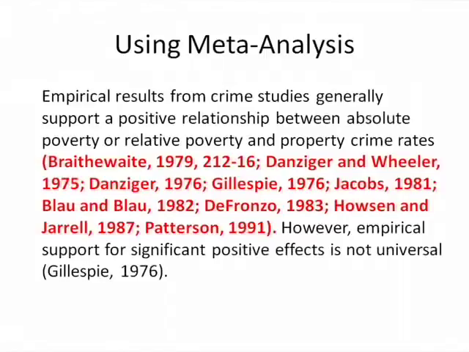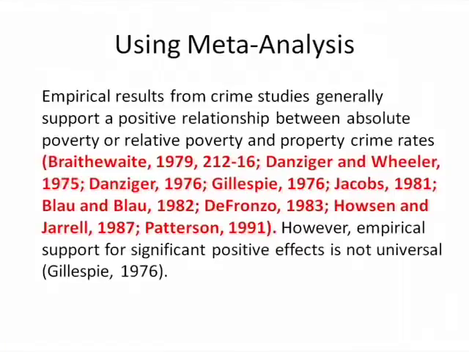Here's the statement. Empirical results from crime studies generally support a positive relationship between absolute poverty or relative poverty and property crime rates. Now, what he has done in this article is all of the sources that this author has cited here, they all have empirical studies.